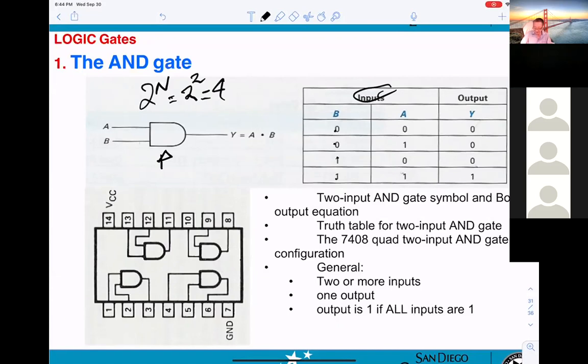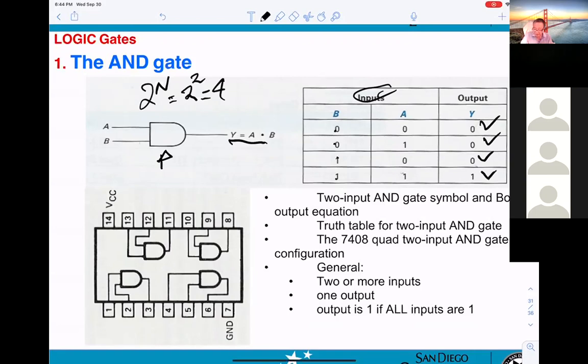And now the other column will be the output here. So 0, 0: A times B, you get 0. 0, 1: that means 0 times 1, 0. 1 times 0, you get 0. 1 times 1, you get a 1.